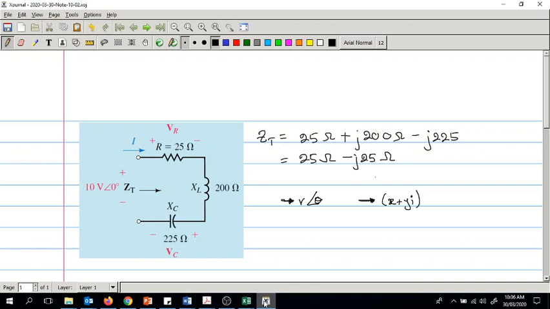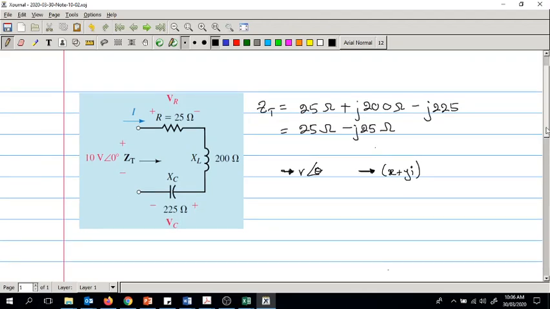So as I said in the last lecture as well, you don't have j in the calculator, instead you have i, and you have to enter the key sequence like this. You can't actually enter 25 minus j. Instead you have to enter 25 minus 25i. This is how you have to do that using the calculator.